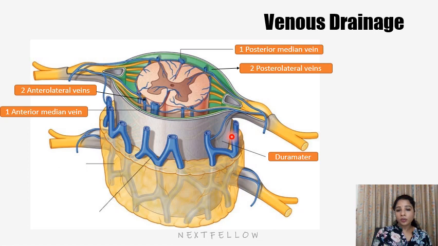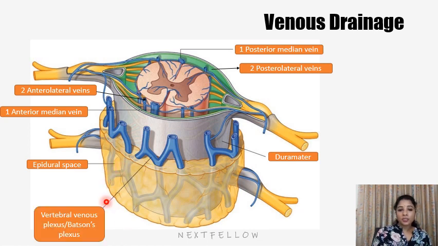So this is the dura mater. Outside the dura mater, in the epidural space, is the venous plexus. This is the epidural space. They are called the vertebral venous plexus, which is also called Batson's plexus. So these spinal veins drain into the vertebral venous plexus.